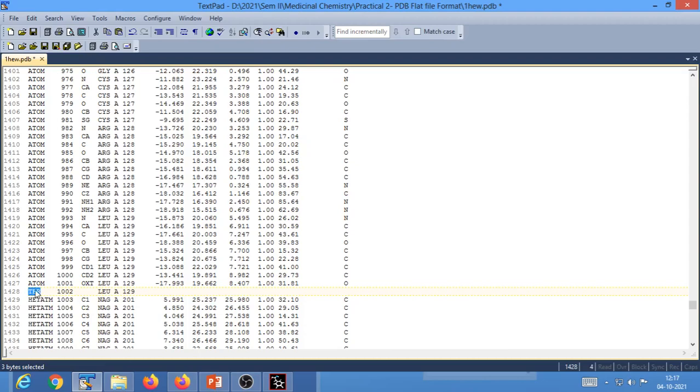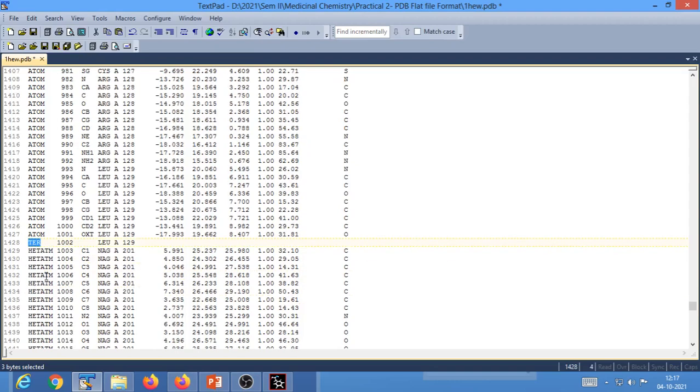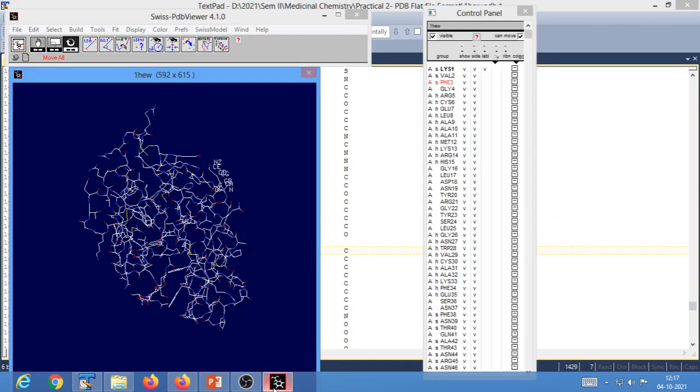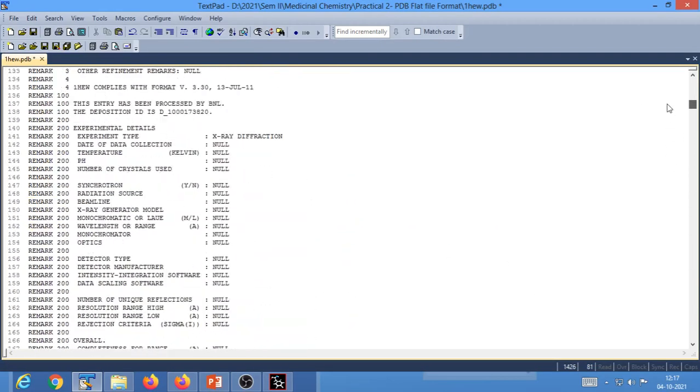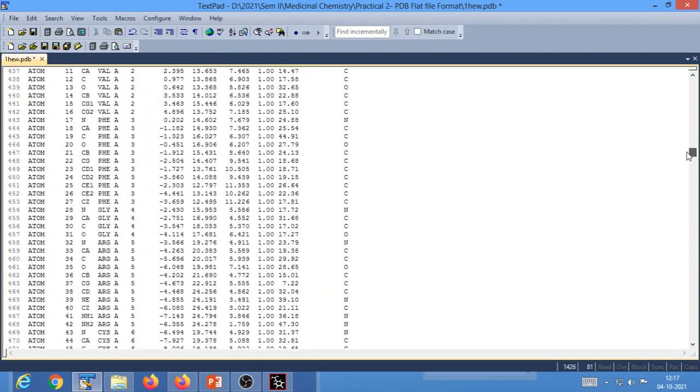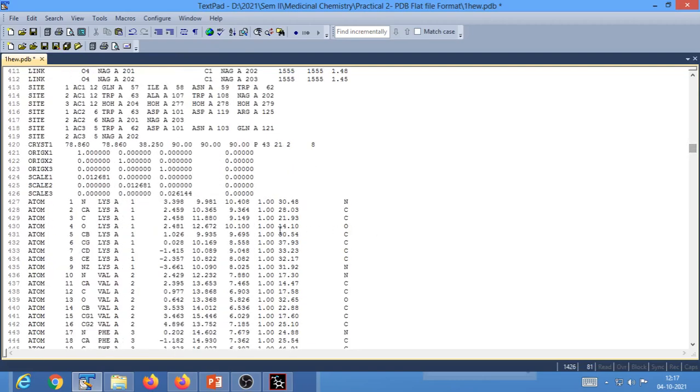This line indicates that this is where your protein information is finished, and the subsequent lines are devoted to heteroatoms or non-protein components. In this way the structural information is provided in the form of three coordinates for each and every atom present in your protein.